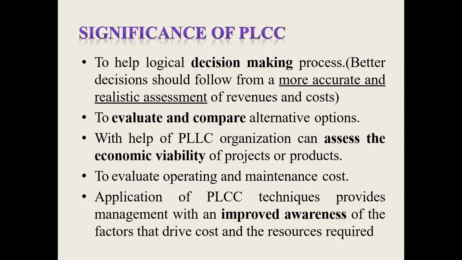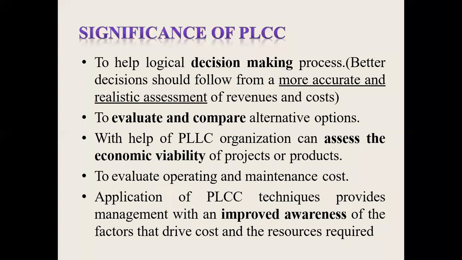Because we have already taken one example of a bike: initial cost is 70,000, but operating and maintenance cost is nearly 30,000 per year, and with a 10-year lifespan, 30,000 into 10, near about 3 lakh rupees, that cost may be there after 10 years.